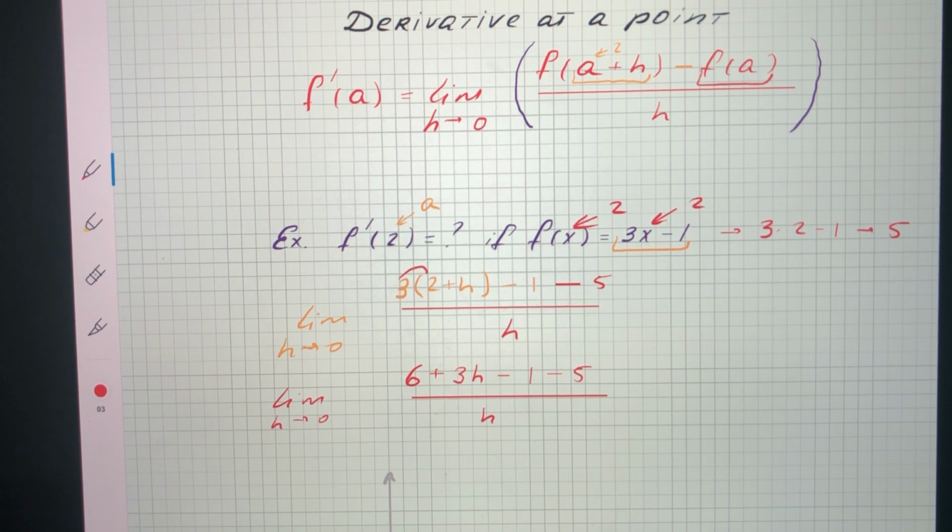Well, 6 minus 1 minus 5, that's 0. The 6 and the minus 6 cancel, leaving us with limit as h goes to 0 of 3h over h. If we cancel the h's, we have limit as h goes to 0 of just 3. Well, there are no h's, so nothing will turn to 0, which means the answer is just 3. And so the slope of our function 3x minus 1 when x is 2 happens to be 3.